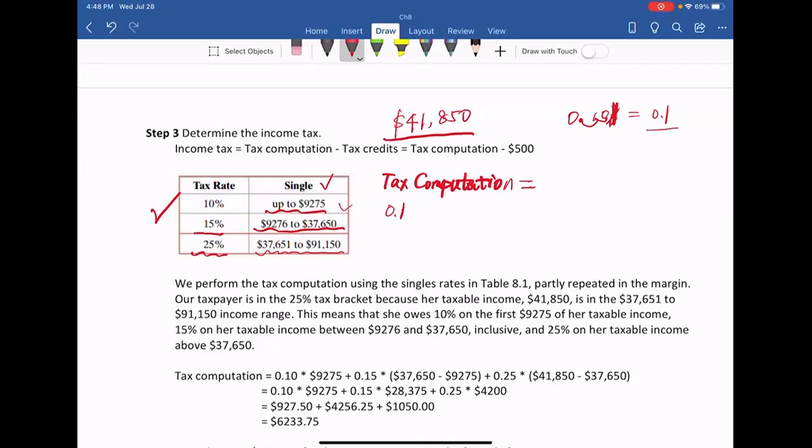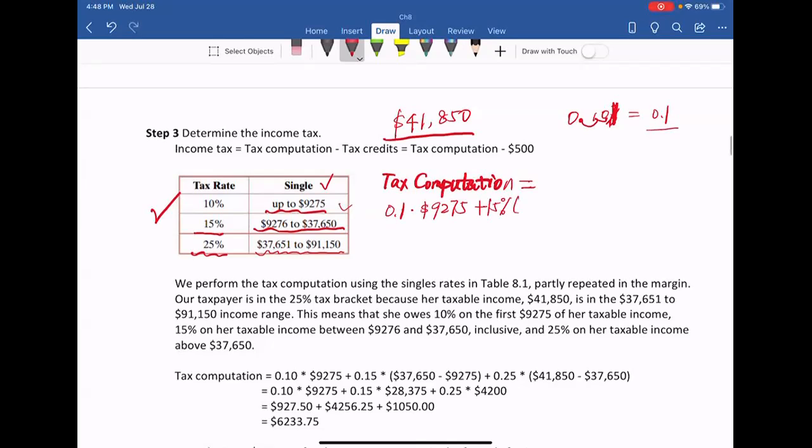That's 0.1. Multiply by the first part, 9,275, and the next part needs to pay 15% of the tax.